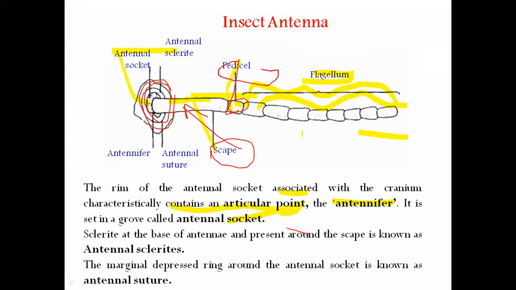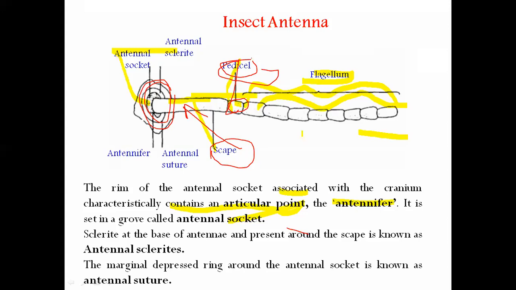In the exam, they will ask: the sensory organ known as Johnston's organ is located in the blank segment of the antenna. Which segment? Pedicel, isn't it? This pedicel is very important, and insects perceive sound through this Johnston's organ.